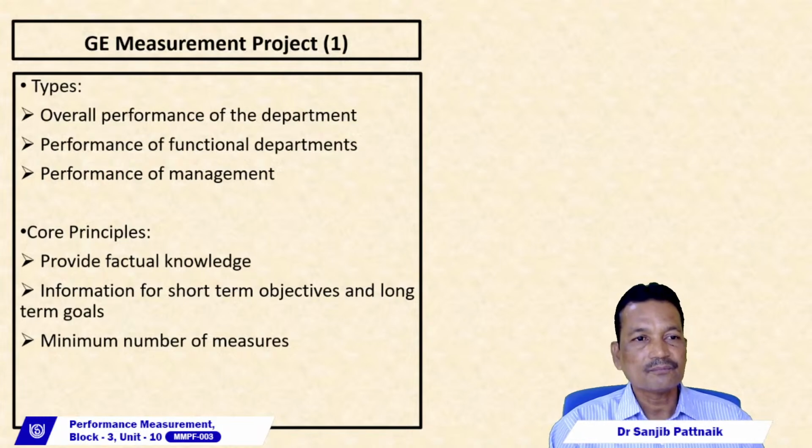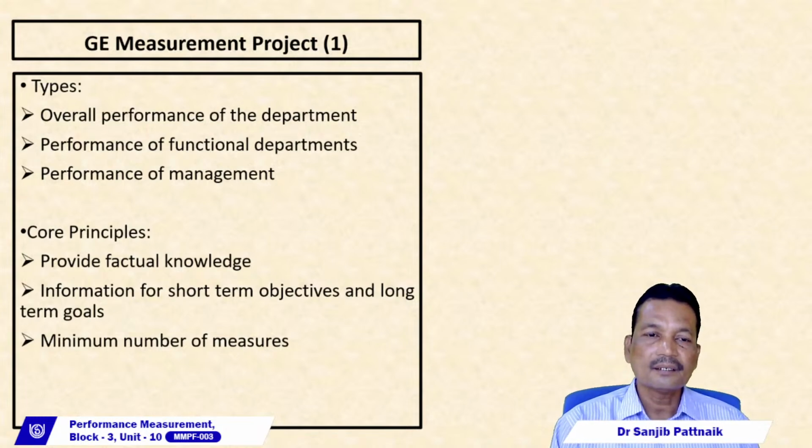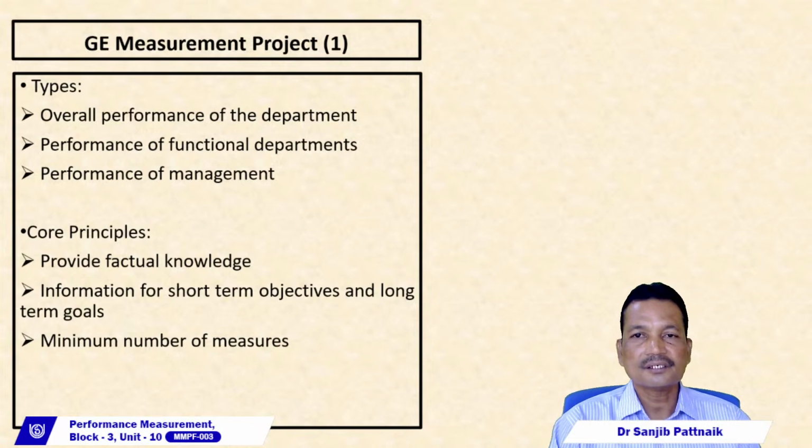What are the type of things they used? First is they measured the overall performance of the department. Similarly, they also measured the performance of functional departments.